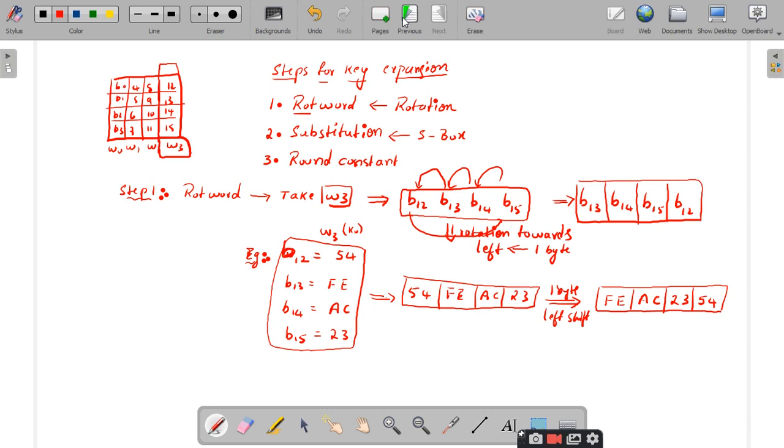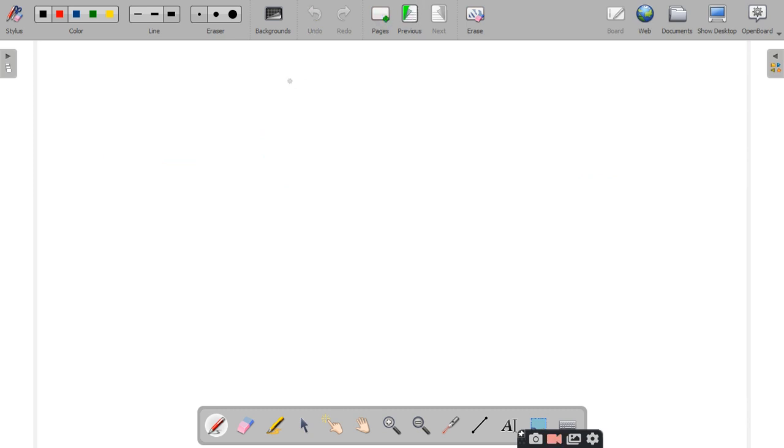Now after this we have to perform step 2. What is step 2? Substitution operation. Substitution makes use of which box? S box. And as you know, this S box is a 16 by 16 matrix.